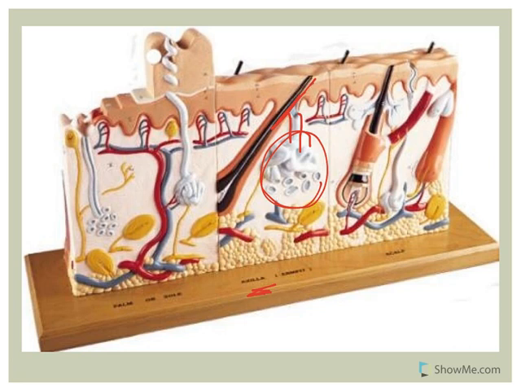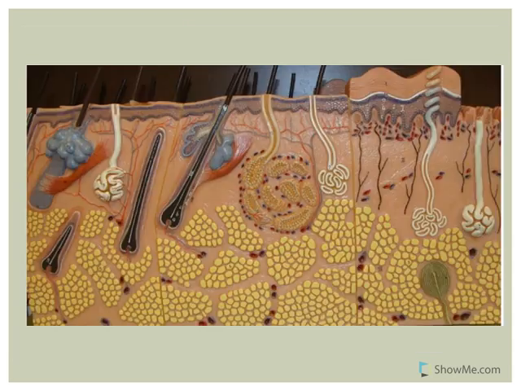On this model, eccrine sweat glands, I'm going to circle in green. Here's one. You see the duct going to the outside. Here's another one. The only difference is this one has been cut so you can see in. Here's the one where you see the duct coming up to the surface of the skin. And there's another eccrine sweat gland. So only the middle one is an apocrine sweat gland.